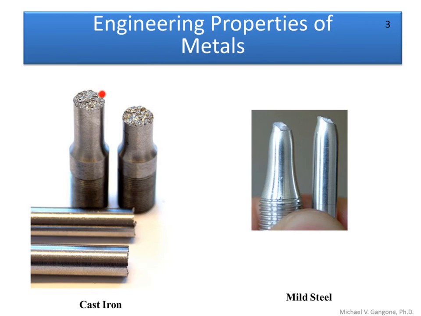In other words, the failure plane is flat. All right, so we see a fairly flat surface here under a direct tension test for a material that's more brittle, I should say, versus a material that is more ductile. We see more of a 45-degree fracture plane. Okay, so materials that are ductile undergoing direct tension tests typically fail on a 45-degree plane, as opposed to materials that are brittle, which typically fail on the 90-degree or flat plane.